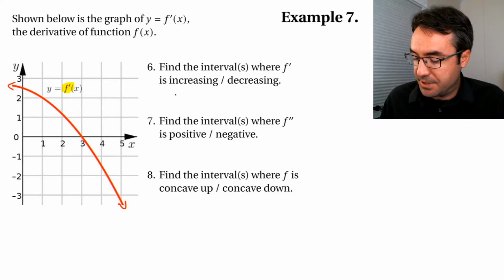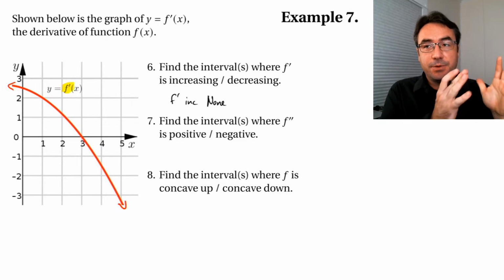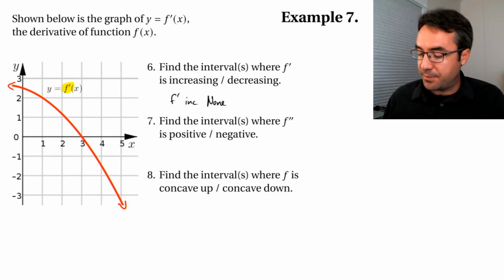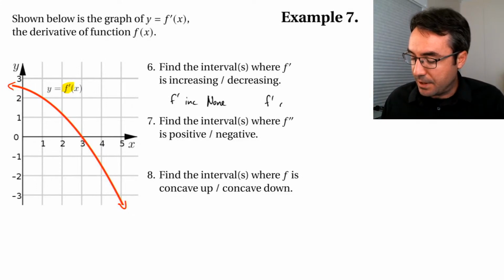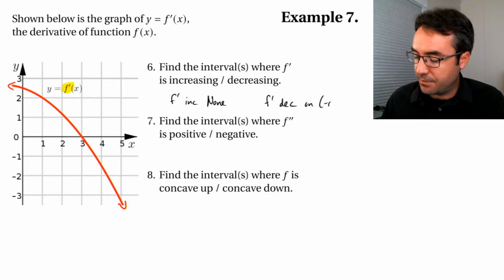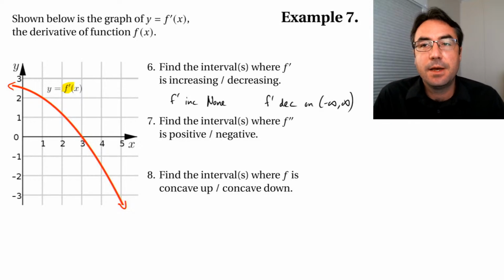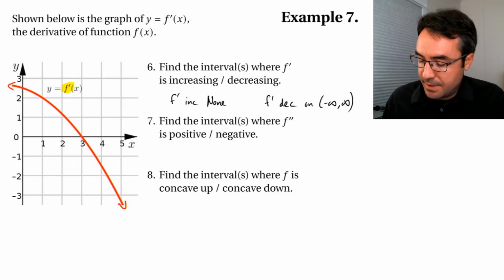So f prime is never increasing. There's no place where f prime here is increasing. As we read this from left to right, f prime is always moving downwards, so it's always decreasing. So it's decreasing on the interval from minus infinity to infinity. If f prime is increasing, that must mean f double prime is positive.